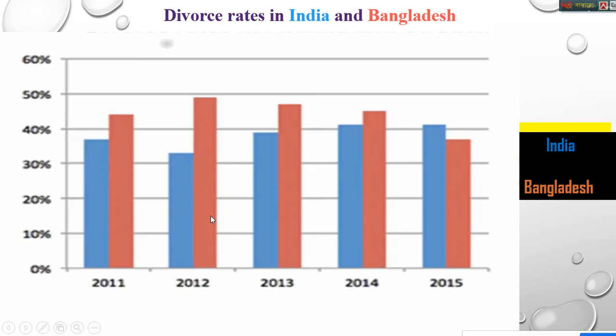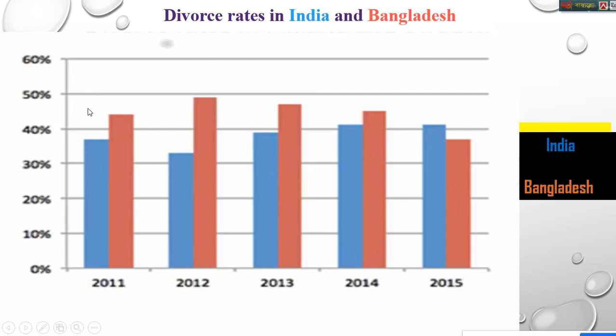Okay, this is the task today: divorce rates in India and Bangladesh. You see, this color belongs to India and this color belongs to Bangladesh. Here we see vertical and horizontal extension; vertically the percentages are given, and horizontally you see the year is given.